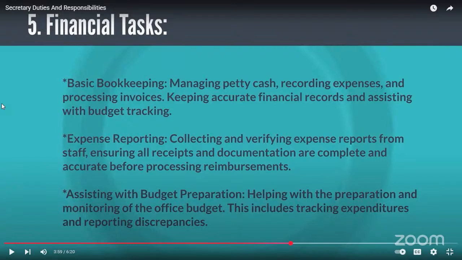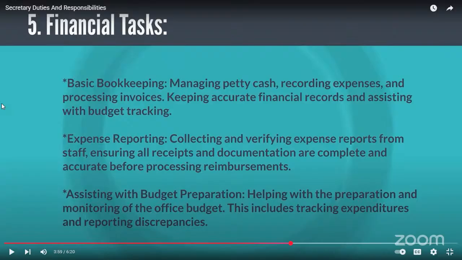Budget preparation may involve the CEO, and the office has to be a support to that. Also, helping with the preparation and monitoring of the office budget. This includes tracking expenditures and reporting discrepancies. What are discrepancies?